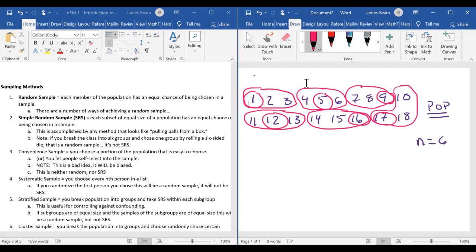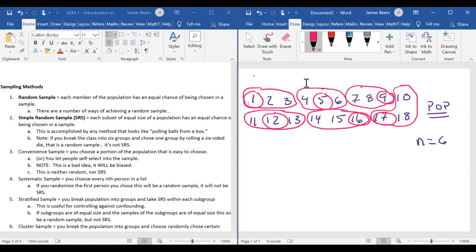Okay, so this is usually used to control against some sort of confounding. In this type of situation, each of these subgroups might be like a different group of people. Like you might have a group of young folks, middle-aged, older, and so forth. Could be young men, middle-aged men, older men, young women, middle-aged women, older women, and then you sample within the subgroups.